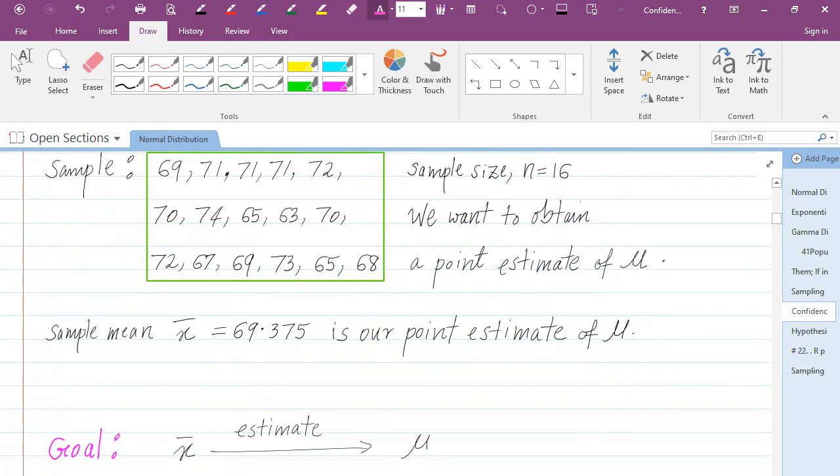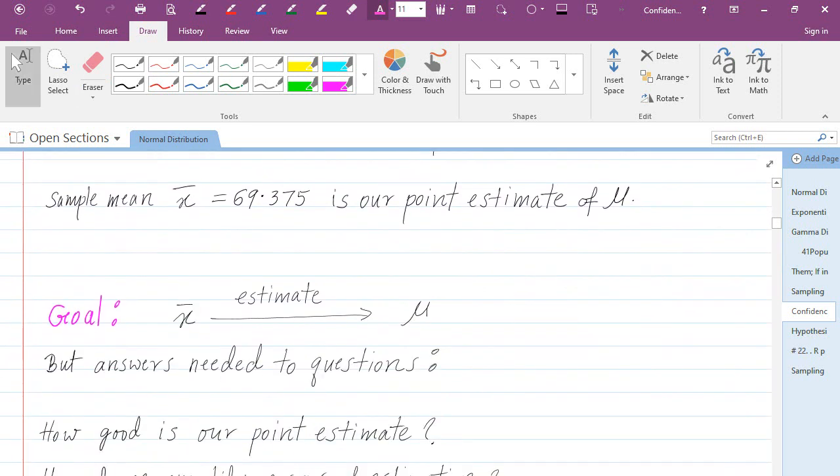Now, if we tell somebody, hey, this is our estimate for the mean height of BGSU students, the very immediate question they will ask is what is your error of estimation?